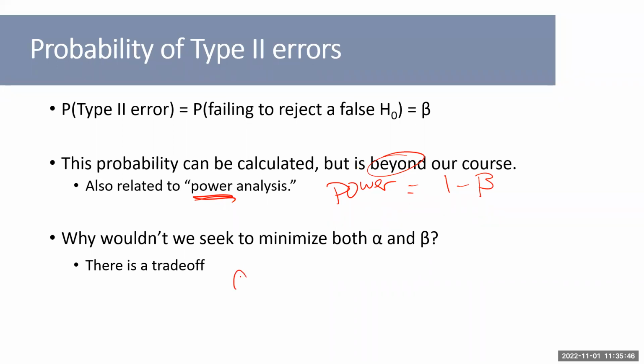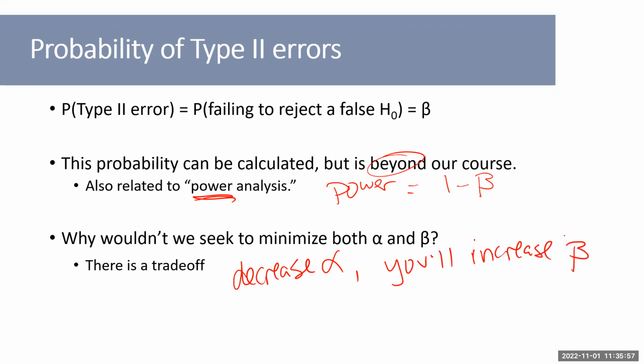If you decrease alpha, because remember you're setting alpha, you'll actually increase beta. And I'll spare you the theoretical explanation as to why. But just know that they're kind of like on a seesaw, okay? If you drop one, you have to raise the other. By default, it raises, whether you mean to or not. They go back and forth. They have an inverse relationship.